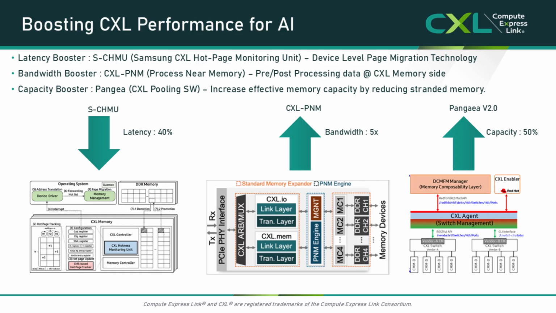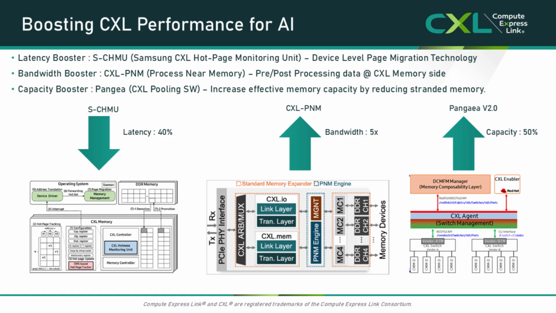The first technology focuses on latency. We all know that CXL naturally has a little bit higher latency compared to traditional DIMMs, the local memory to the CPU. To bridge this gap, Samsung developed SCHMU, the CXL hot page monitoring unit. SCHMU is designed to compensate for that inherent CXL latency at the system level by device page migration support.